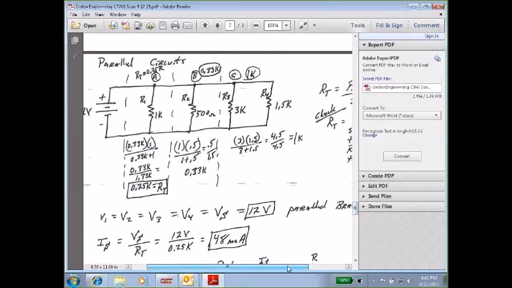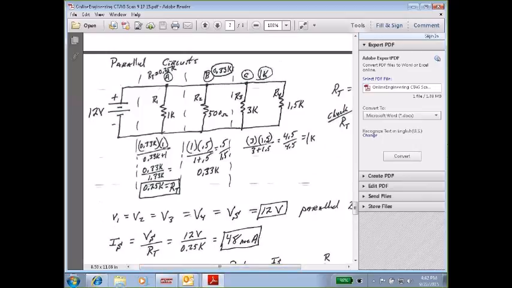Also, I stress that the students start at the furthest point from the supply and just take them two at a time. Here we have 1.5K in parallel with 3, product over sum. 3 times 1.5 divided by 3 plus 1.5 gives me 1. Now check yourself. That total of those two should be less than the smallest one in the group.